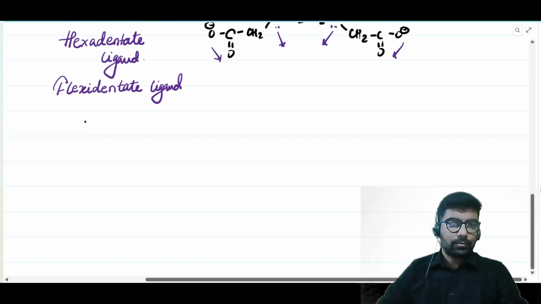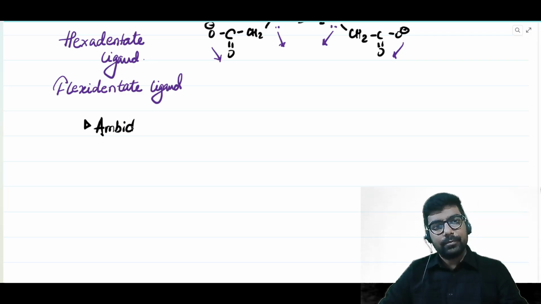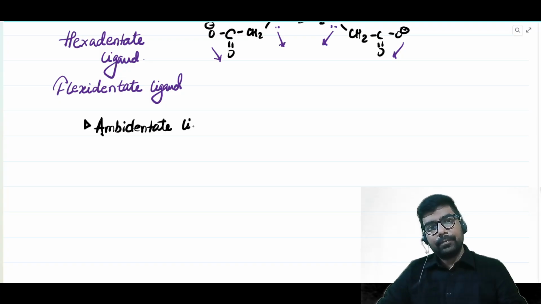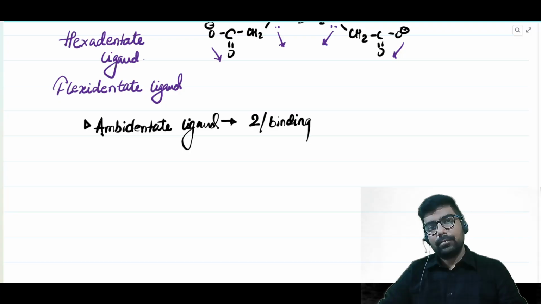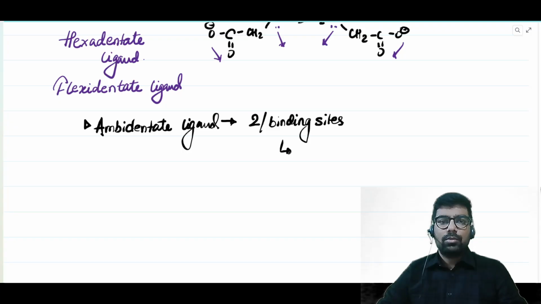And the last one that we discussed was ambidentate ligand. Ambidentate ligands have 2 binding sites but can use only one.